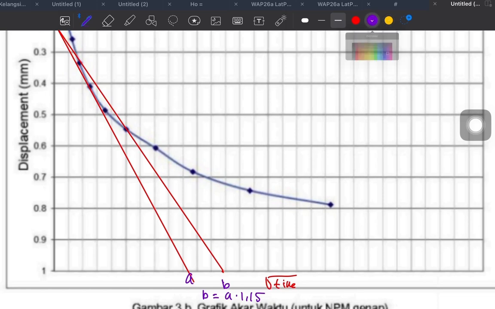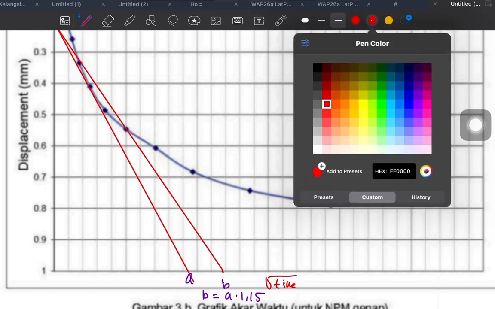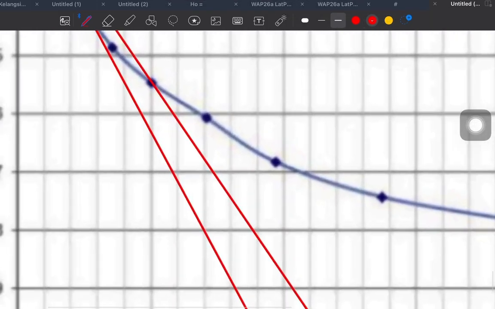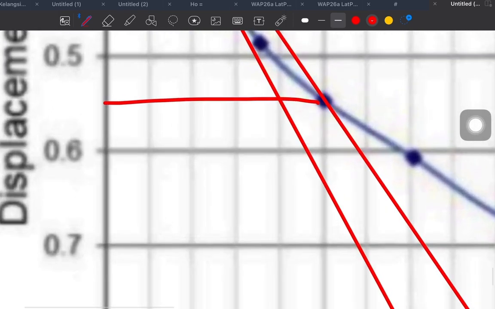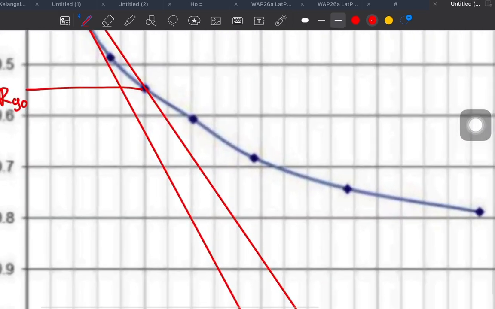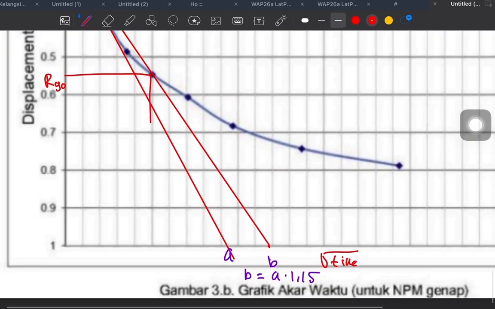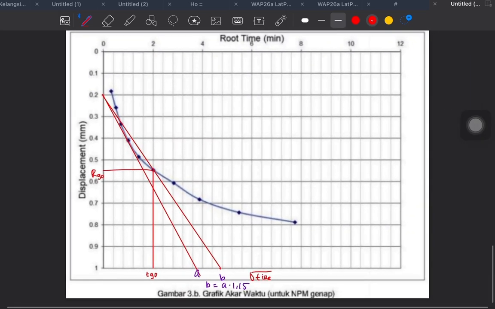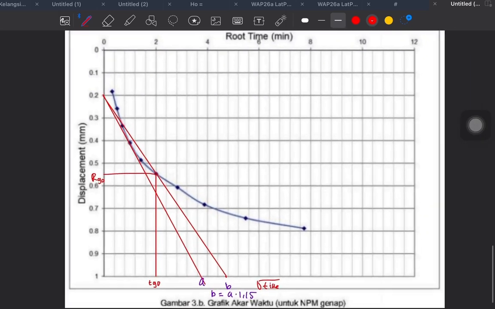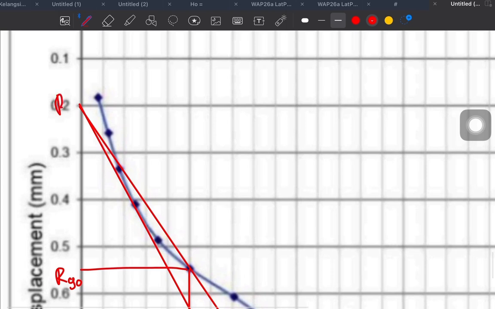The intersection between those lines is the R90. So we can get the T90, or the time required for the soil specimen to reach 90% of primary consolidation. Oh, sorry, this is the R0.